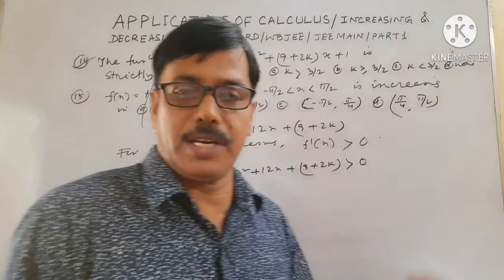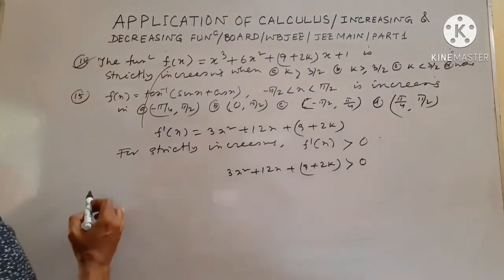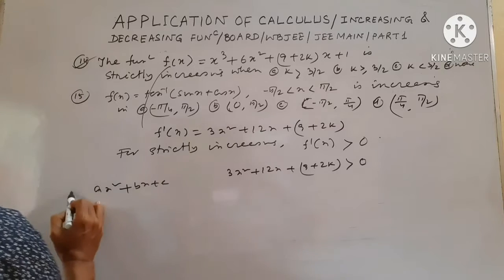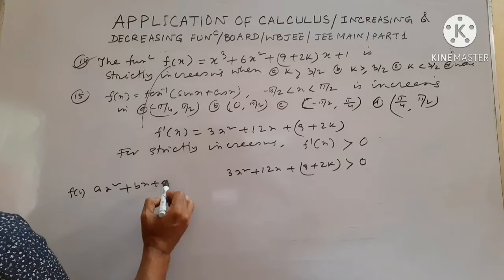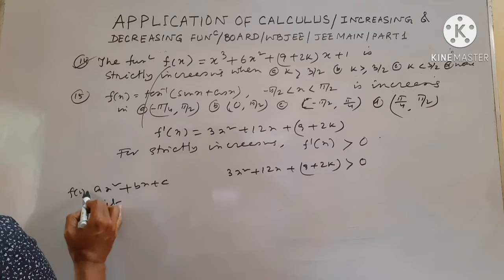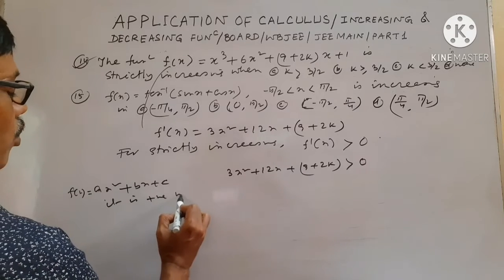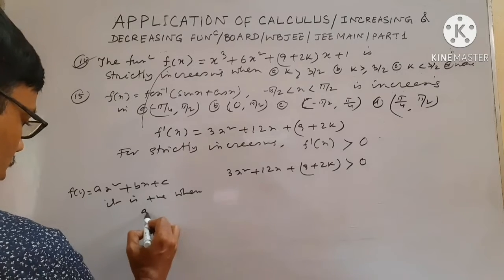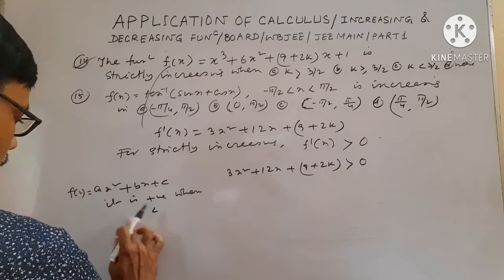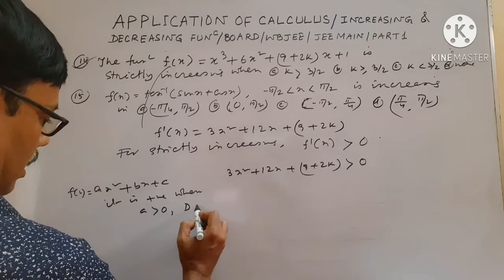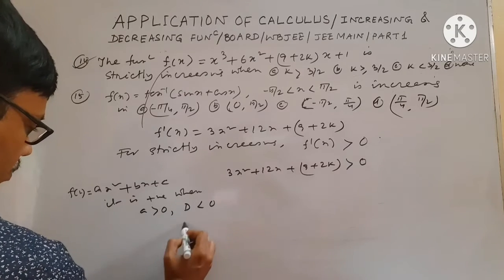This is a quadratic expression. Try to recall, we have already discussed it: the quadratic expression is positive when a greater than 0 and d less than 0.